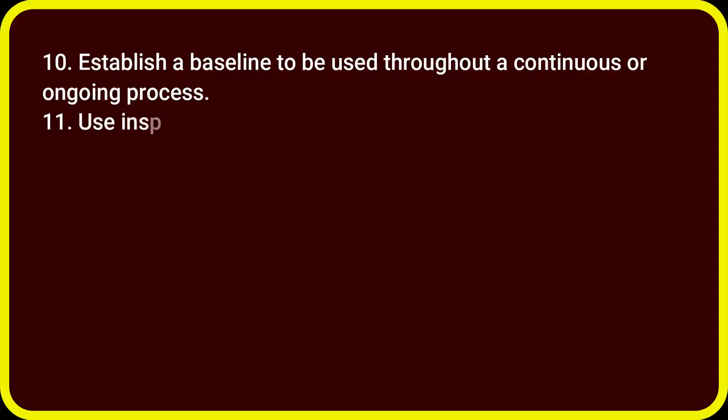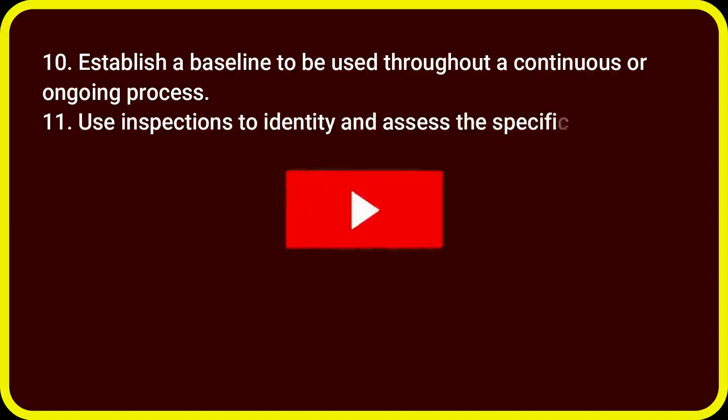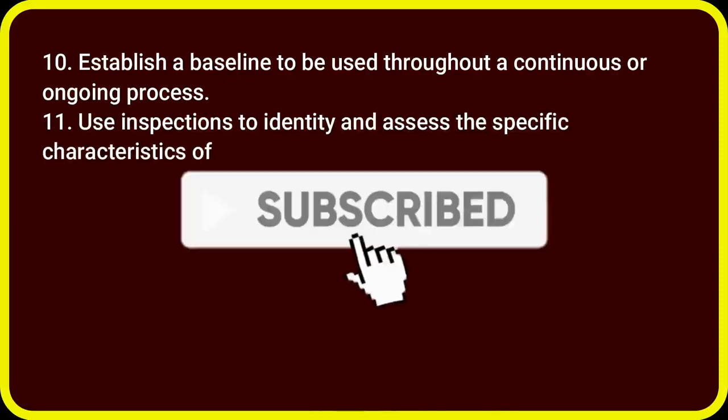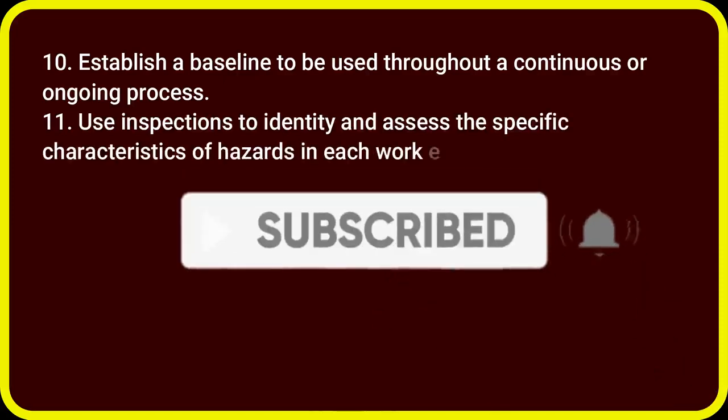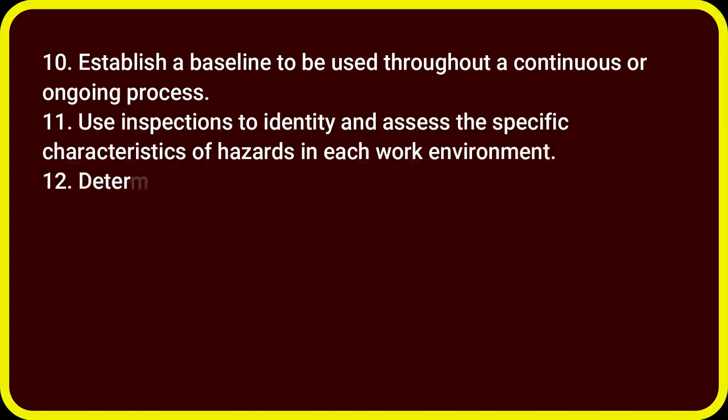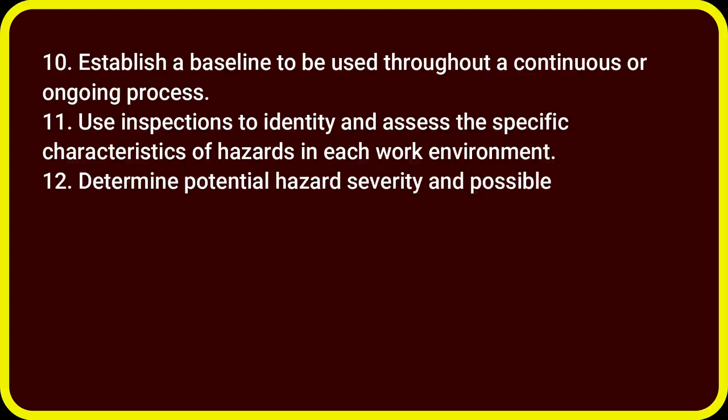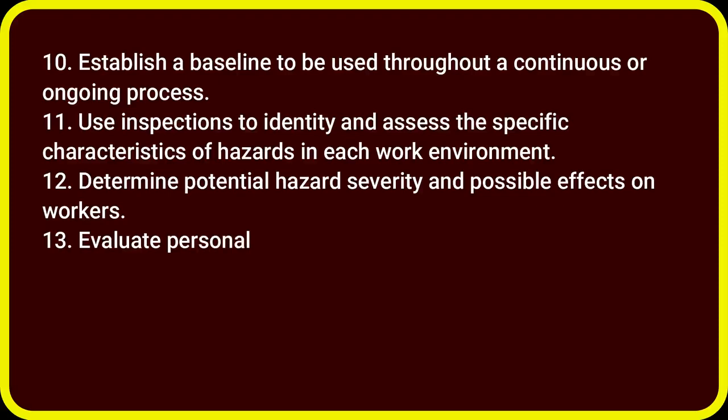Number 11. Use inspections to identify and assess the specific characteristics of hazards in each work environment. Number 12. Determine potential hazard severity and possible effects on workers. Number 13. Evaluate personal protective equipment effectiveness.